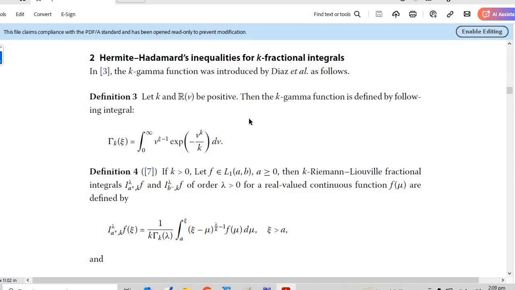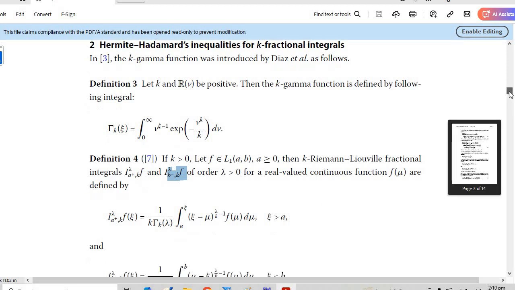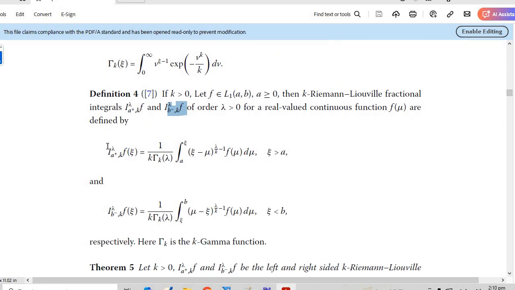Definition 4, given in reference 7: we have a parameter k which is positive, and f is an integrable function over the interval [a, b], with a non-negative. The k Riemann-Liouville fractional integrals are defined by these two expressions.